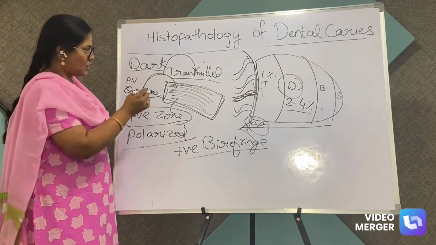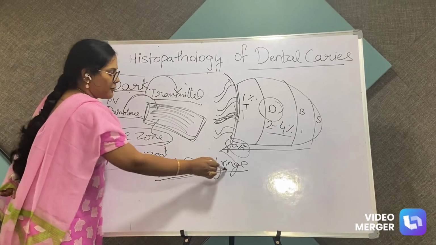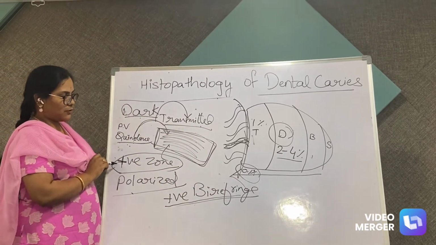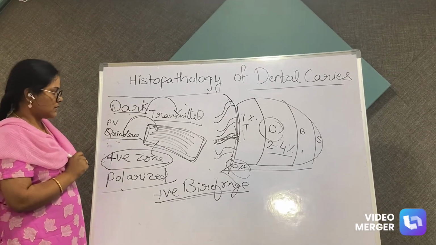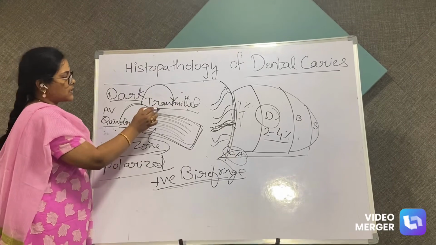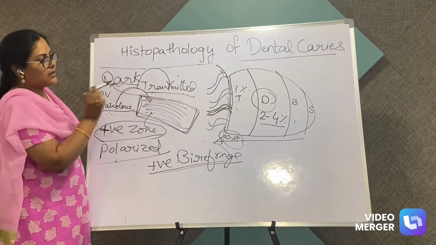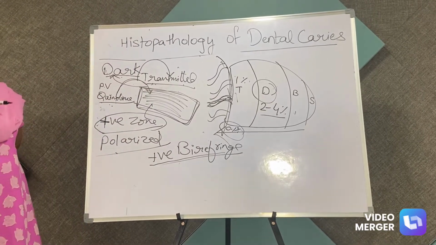So this dark zone exhibits birefringence under polarized light. It is called a positive zone because it is present in advancing carious lesions, it appears dark brown under transmitted light, and it has a pore volume of 2 to 4%. So this is about the dark zone.